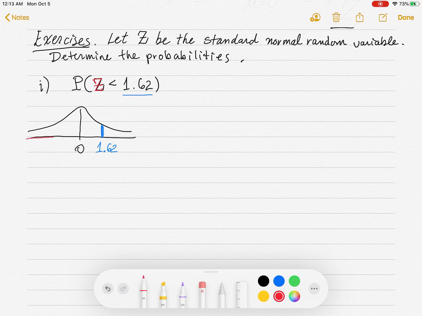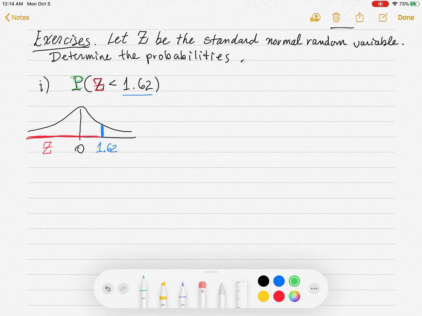So we want the probability that if I take a random z-score, it's less than 1.62. Where is less than? Less than is over here to the left, right? So we want z to be somewhere down here to the left. We want a random z-score to be less than 1.62.